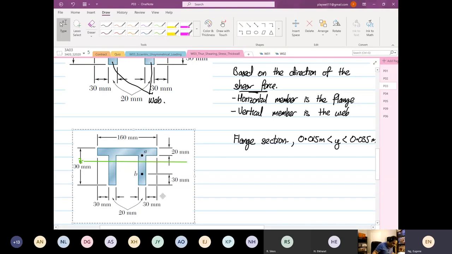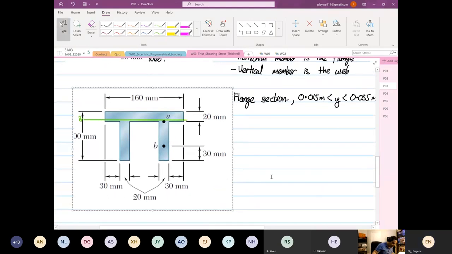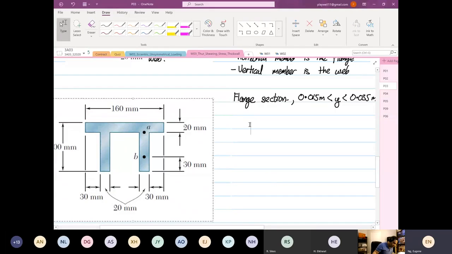Sorry, I need this diagram to be bigger so you can see better. Right? So this is our ZZ.